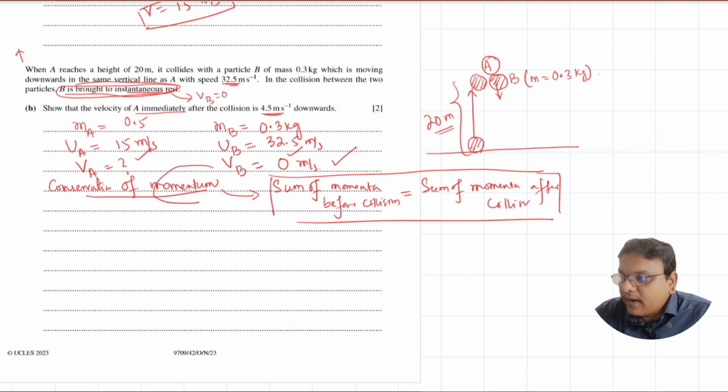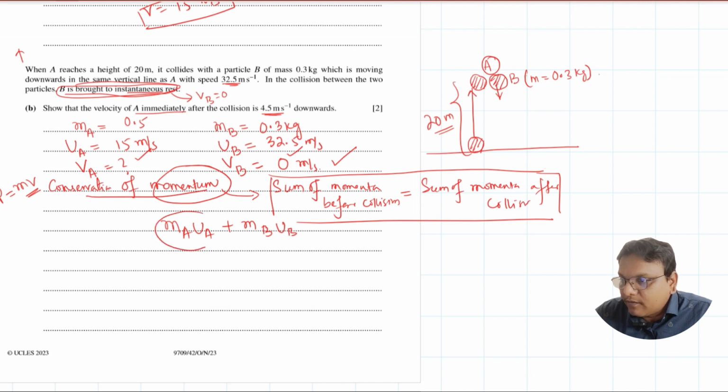So what is momentum? How do we denote it? Momentum is P. The formula is mass times speed, or mass times velocity. So as per the rule, the sum of momenta before collision is m_A u_A plus m_B u_B.